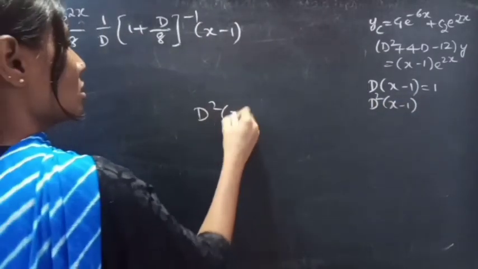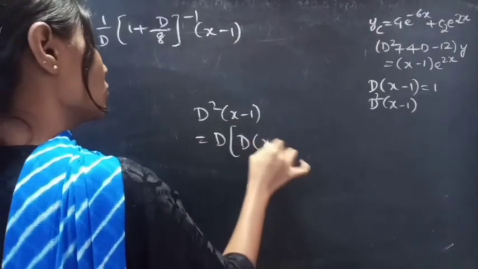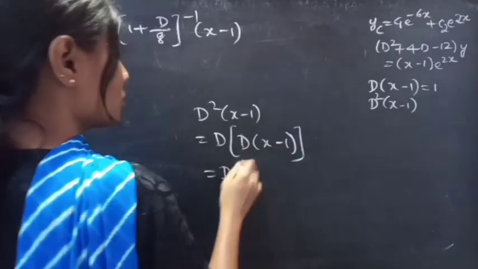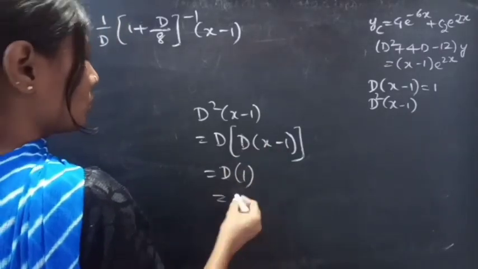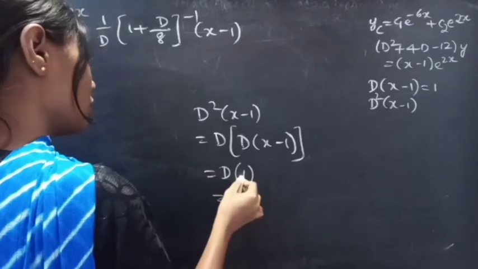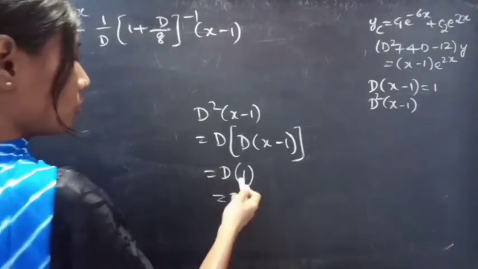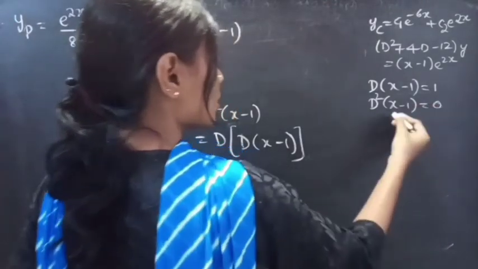We can write D square of x minus 1 as the derivative of the derivative of x minus 1. We have the value for the derivative of x minus 1, which is a constant. So the derivative of a constant with respect to x is 0, right? Derivative of 1 with respect to x is 0. So we'll get D square of x minus 1 is 0.